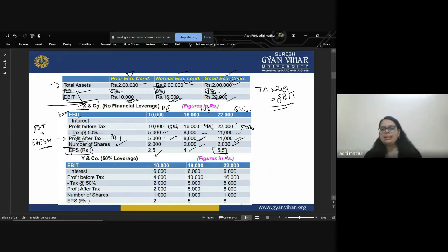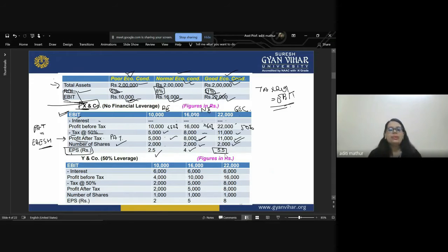And generally in the examination, you have to either calculate the EBIT or EPS, right? So we know the formulas, we know the flow chart, right? How to reach up to the EBIT or EPS. So just put the figures in the chart and calculate with the help of the calculator, and you can definitely easily land up at the final answers.